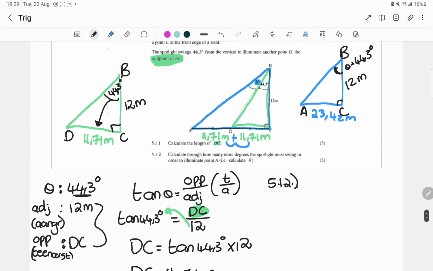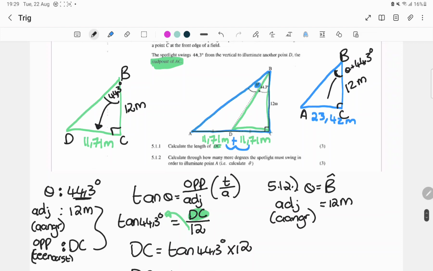Alright, so now for question 5.1.2, I'm going to use my blue triangle. I want to calculate angle B, or theta. I have two sides. I have BC, which is 12 meters, which is my adjacent side. But I also have the side opposite my angle, which is 23,42 meters.